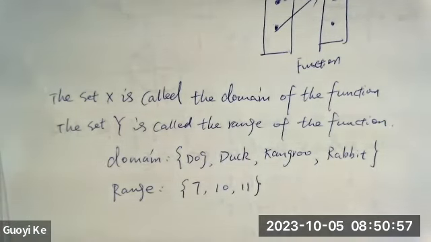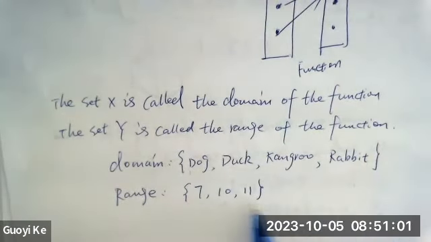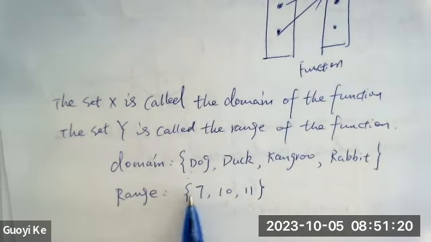Don't write down the domain like dog, kangaroo, rabbit without brackets. That is wrong, because domain is a set. Similar for the range. Range is a set, so you need to use the brackets. Okay.